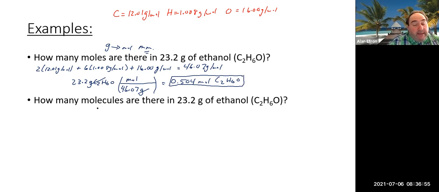Second part is how many molecules are there in 23.2 grams of ethanol? Molecules is the key word here that tells us Avogadro's number is involved. If this was the original problem, we would have to do the first part, but since we already did the first part, we could just pick it up from that point. That means we're already in moles.